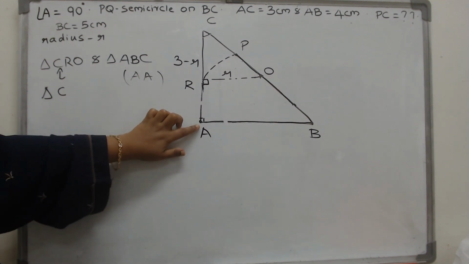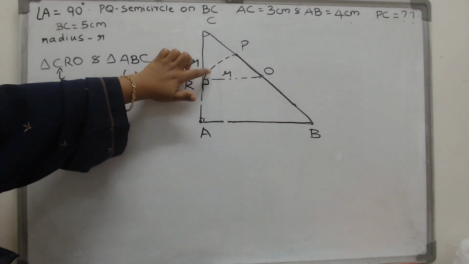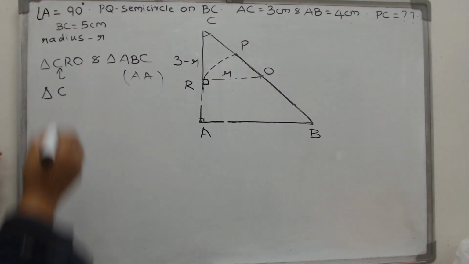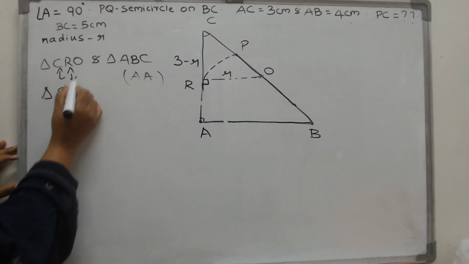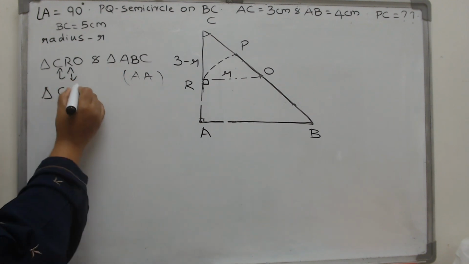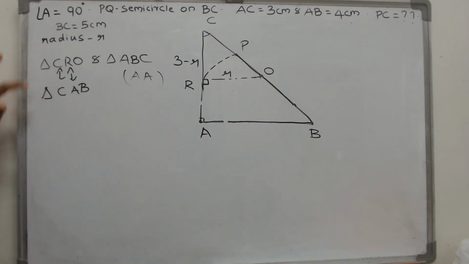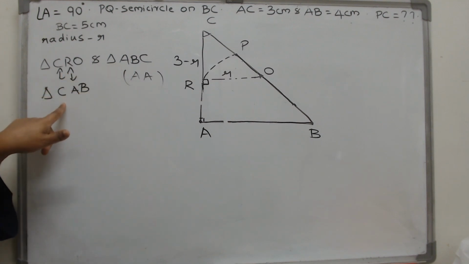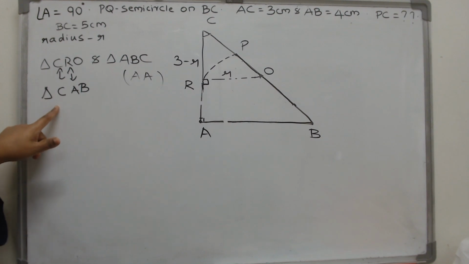So, the place where you see C here, put a C. Then here you have a 90 degrees. Here also at R you have a 90 degrees. So the place where you see R, you put your A. Then there is just one more angle remaining, which is B. So these two triangles are similar, but this is how the name is written. It is not ABC, it is CAB.